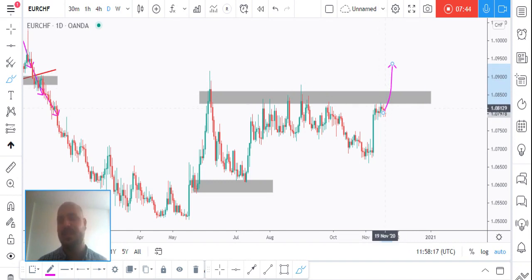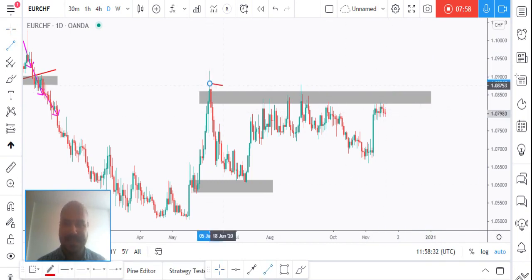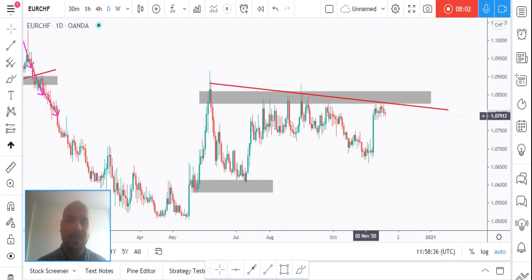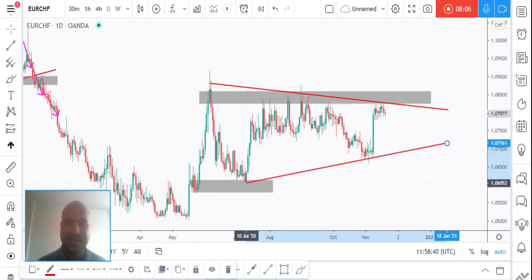In this case, as price is going to break it upward, then and only then our resistance would become support, and we'll be looking for buy setups on its retest. For now, since price is sitting around resistance, and moreover, if you can see, it's trading below this trend line and inside this symmetrical triangle pattern.